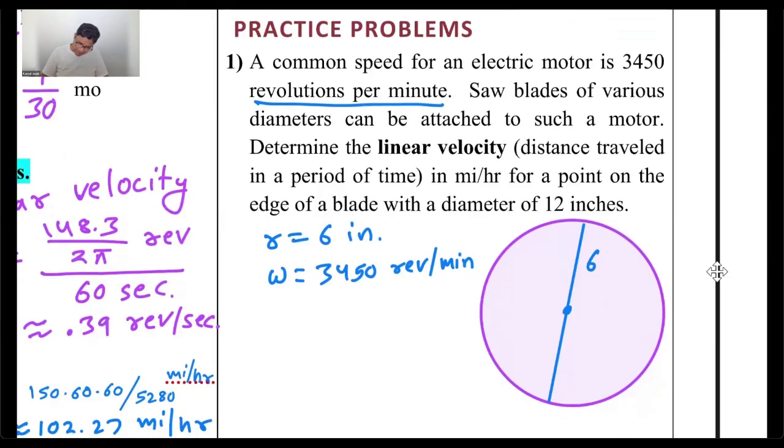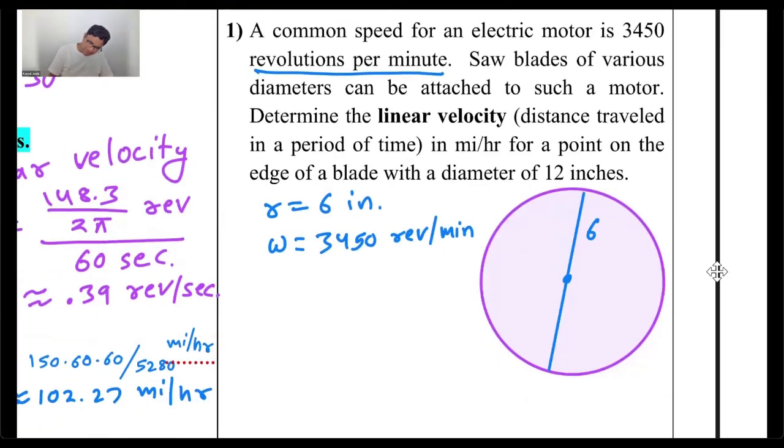And what you need to find? Find the speed in miles per hour. There are a lot of unit conversions going to be done here. You need to find the linear velocity, but in miles per hour. So let's do it one by one.